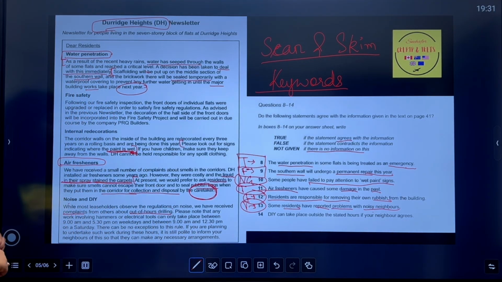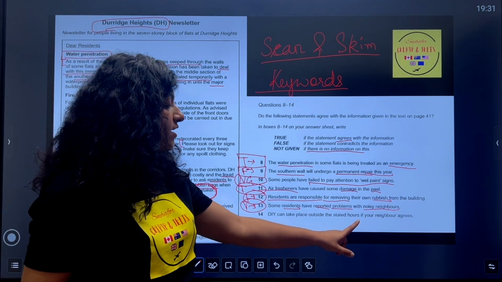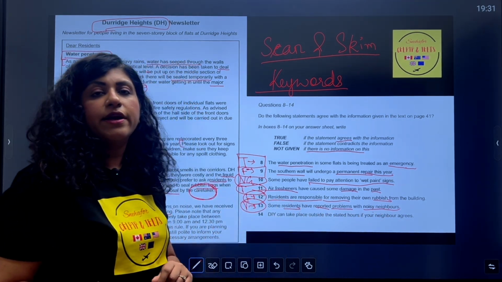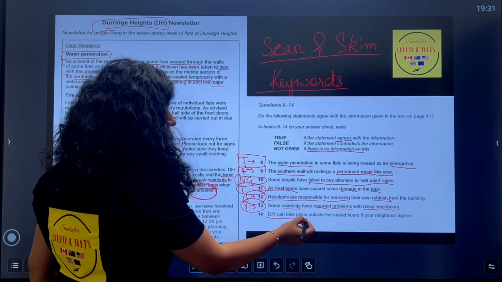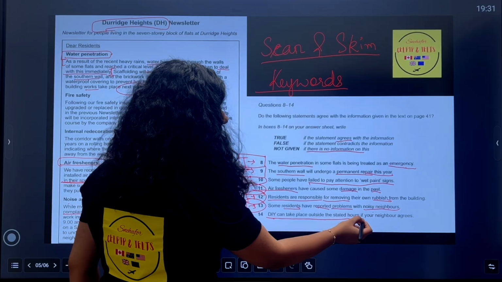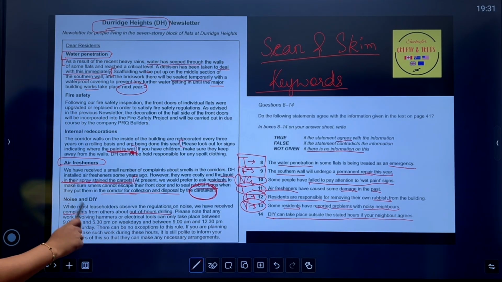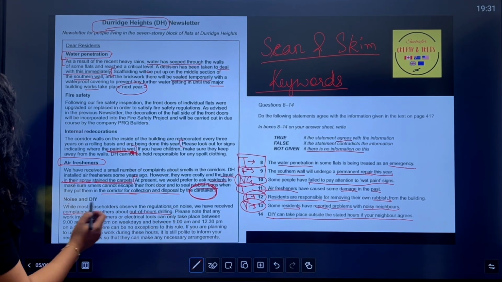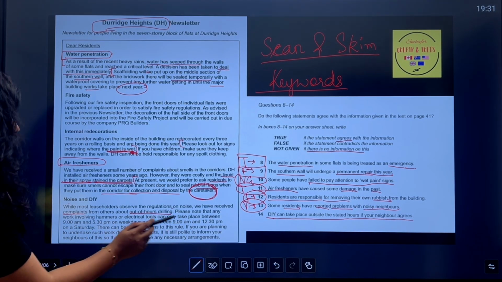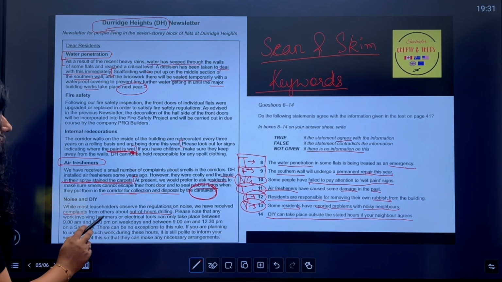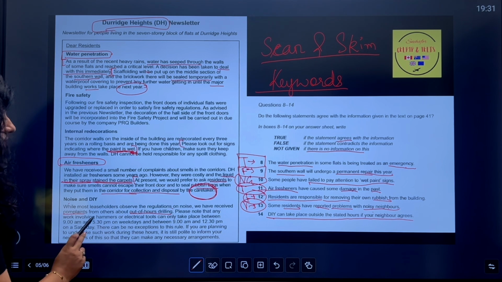And then we are left with the last question. DIY can take place outside the stated hours if your neighbor agrees. This text says, please note that any work involving hammers or electrical tools can only take place between 9 a.m. and 5:30 p.m. on weekdays and between 9 a.m. and 12:30 p.m. on a Saturday.